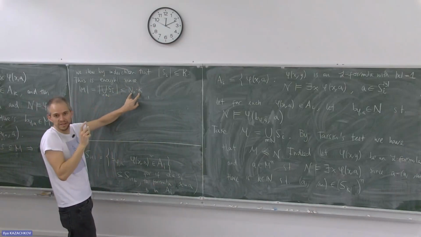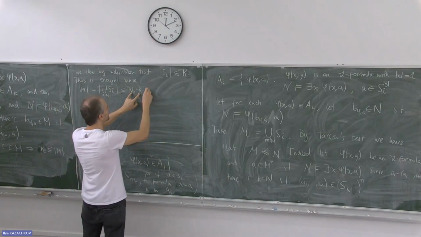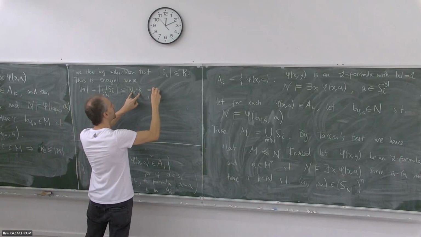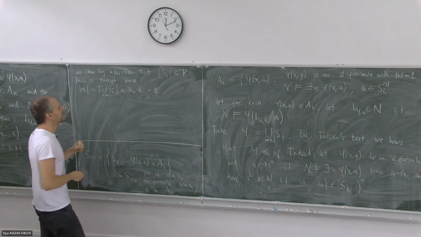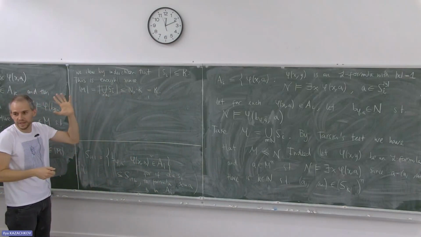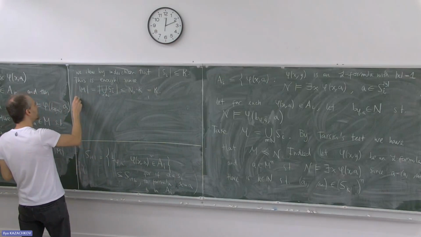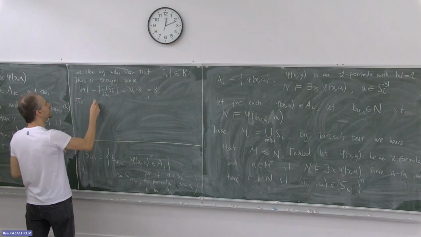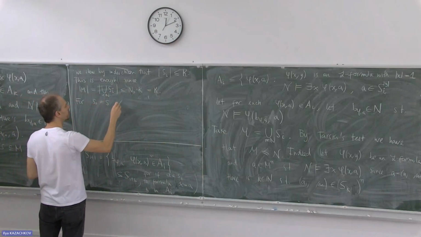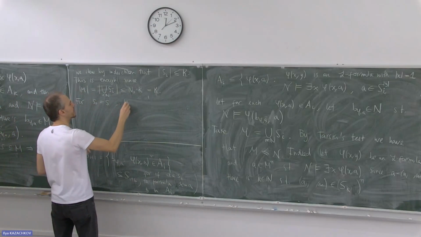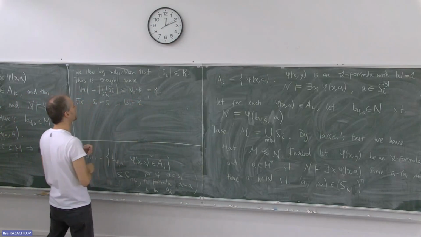And by infinite cardinal arithmetic, this is just equal to kappa, right? So it suffices to show that each SI is smaller than kappa. So by induction for S0, this is equal to S. This is done because we said S was just kappa, right?